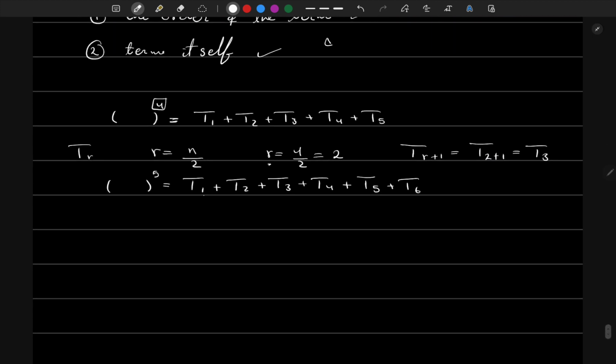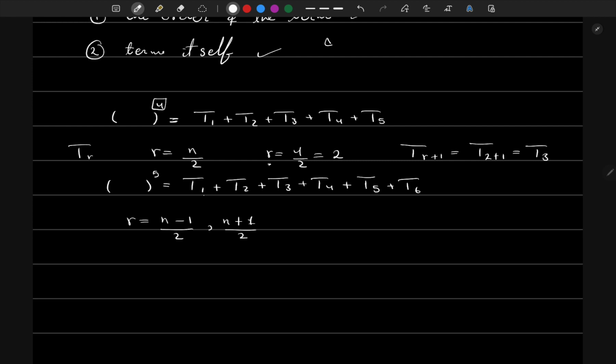Now, if I have an even number of terms, then I'm going to have 2 middle terms, and they're going to be r equals n minus 1 divided by 2 and n plus 1 divided by 2 correspondingly.